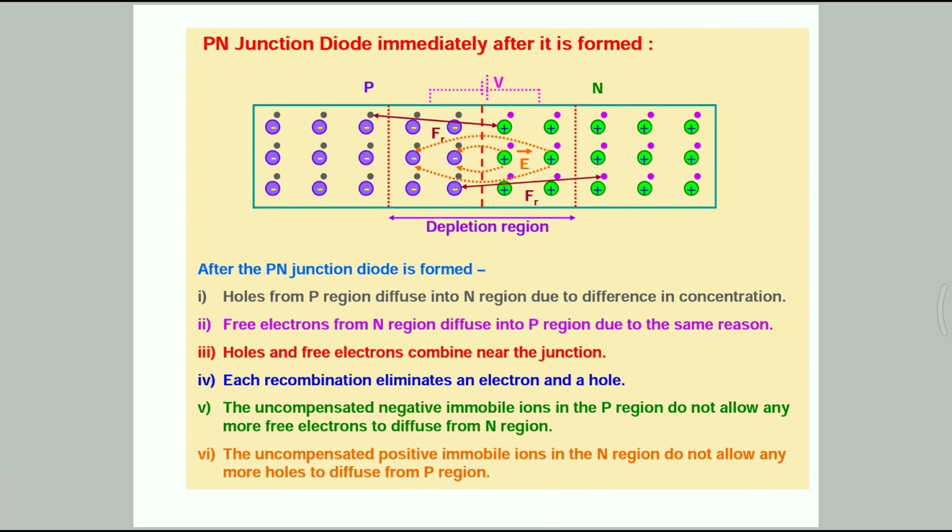The uncompensated negative immobile ions in the P region do not allow any more free electrons to diffuse from the N region. The uncompensated positive immobile ions in the N region do not allow any more holes to diffuse from the P region.